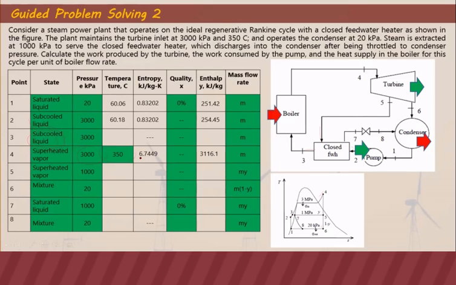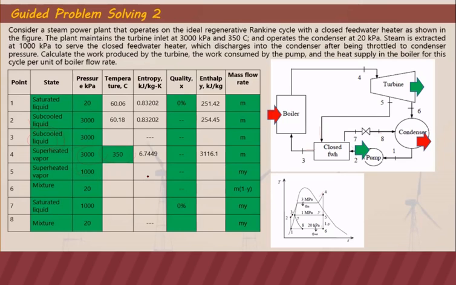And then at point 5, this is the extraction. As you can see here, it is extracted at 1000 kilopascal, that's why we have 1000 here.